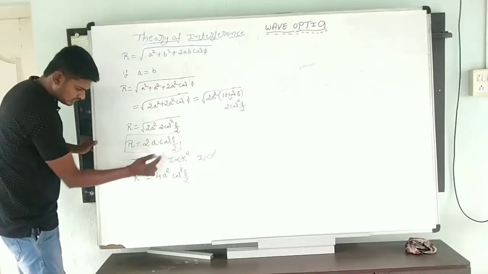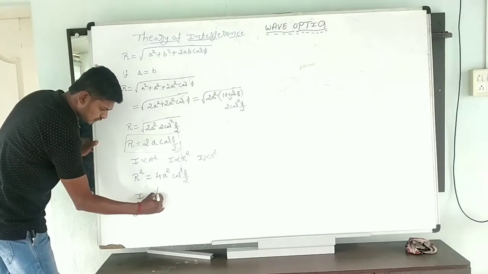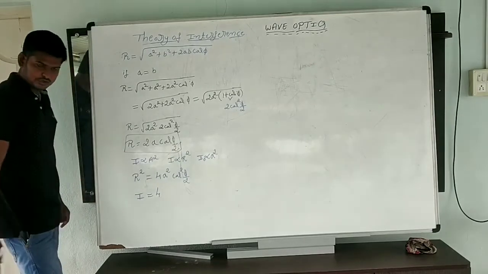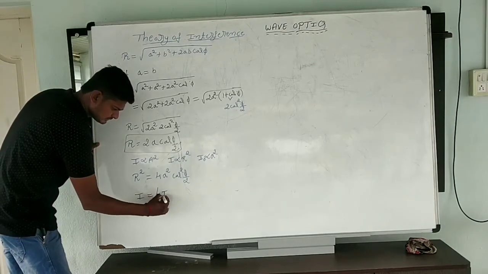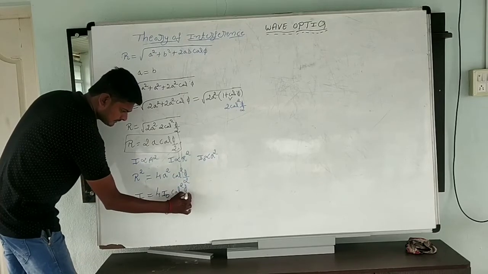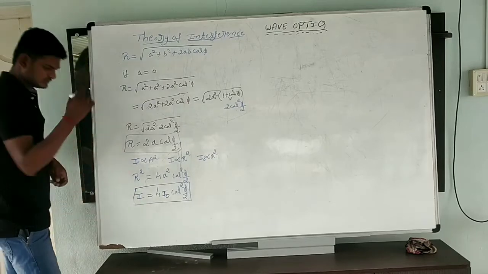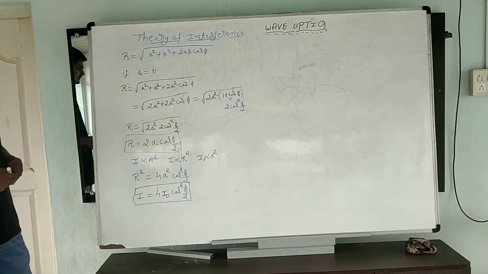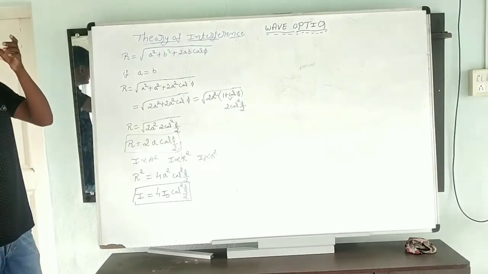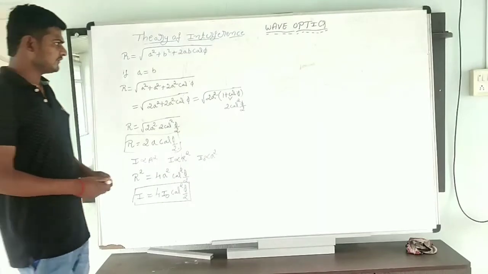R square means the resultant intensity I is equal to 4 I naught, where A square means the intensity of the individual source, I naught, cos square pi by 2. This is the resultant intensity. Now we have to write the condition for constructive interference and destructive interference.